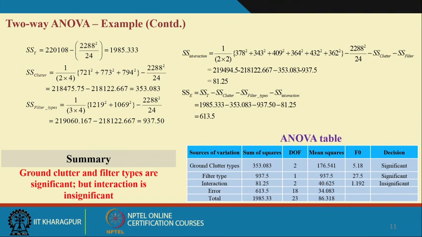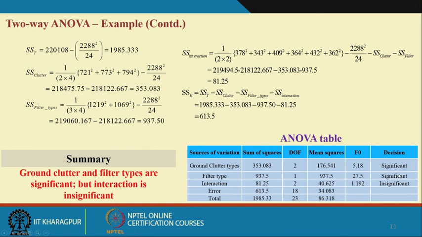Now when we compare with the tabulated value, considering the respective degrees of freedom 2 and 18, that value is less than this for alpha equal to 0.05, and obviously then the 1 and 18 also less than this 27.5. So ground clutter type and filter type become significant.